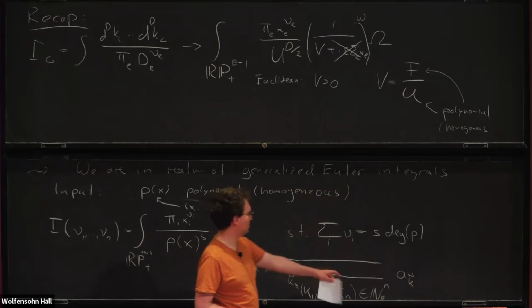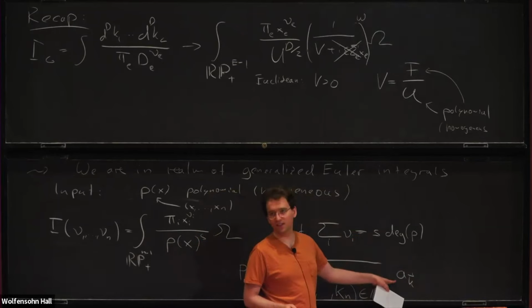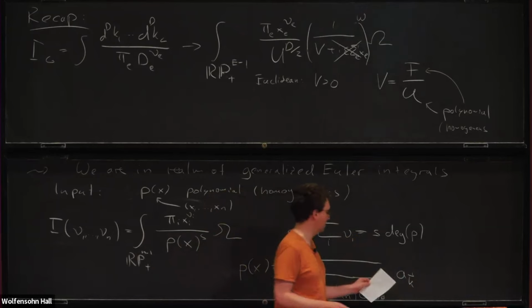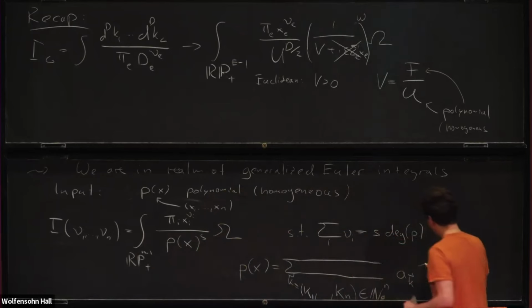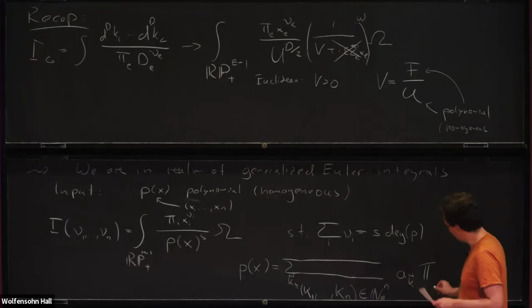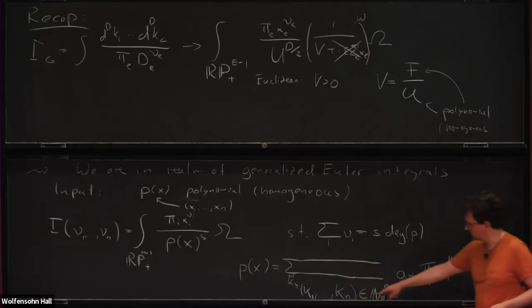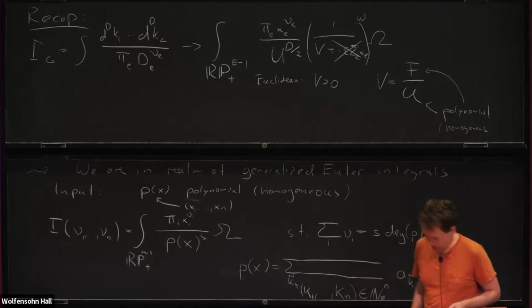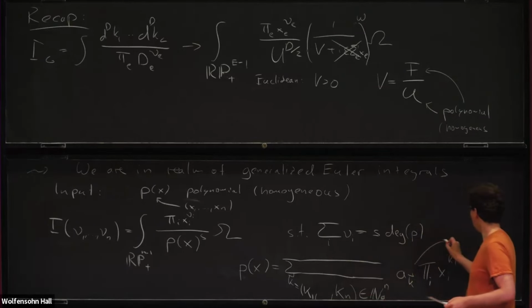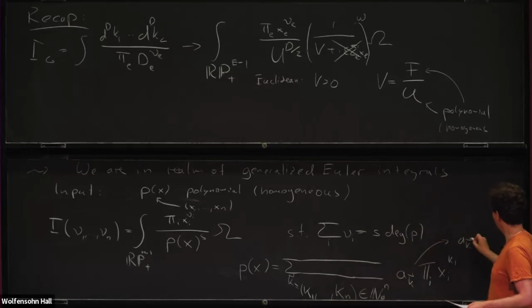These a_k coefficients depend on these multi-indices. For each coefficient, we have one monomial, and then we take the sum and raise each variable to the power of the respective index of this multi-index. And the important thing is that these coefficients are supposed to be positive.